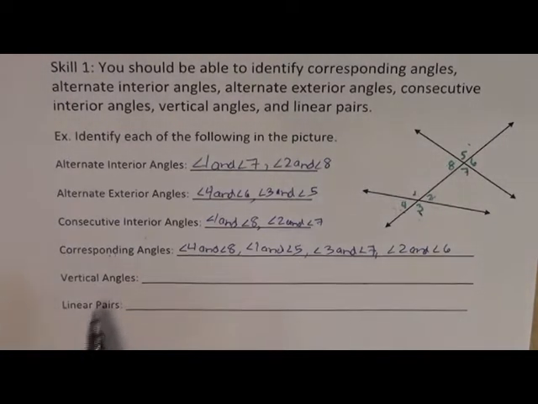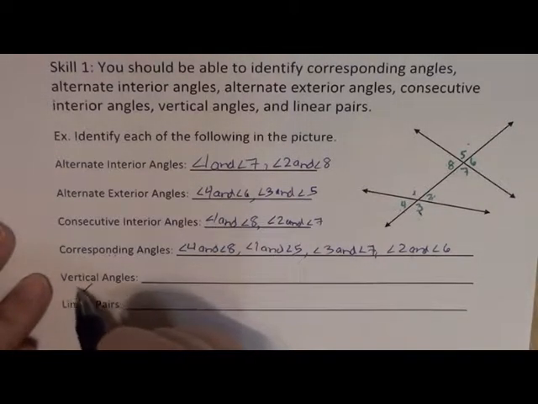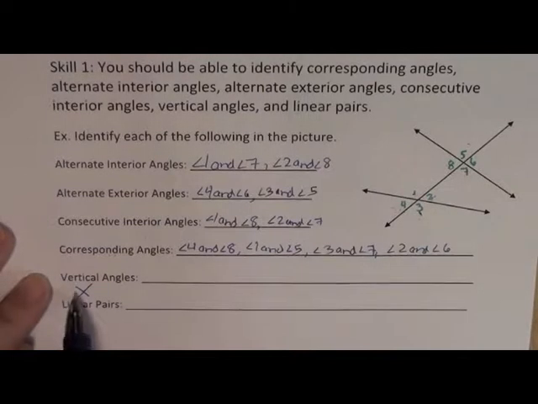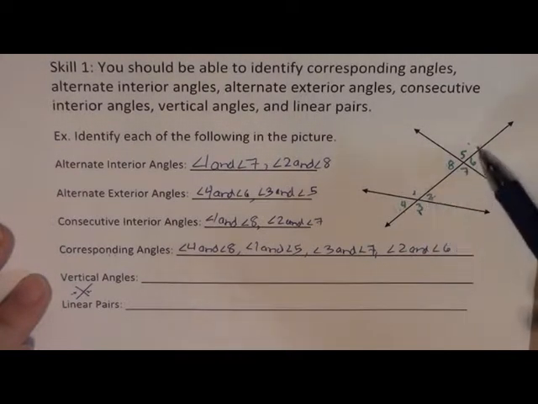Vertical angles. This comes back from chapter 1, chapter 2. We've used vertical angles before. Vertical angles, what I would look for in your picture is some sort of an X. And vertical angles are on the opposite sides of the X's. So what I see right here is an X. In fact, I see two X's.